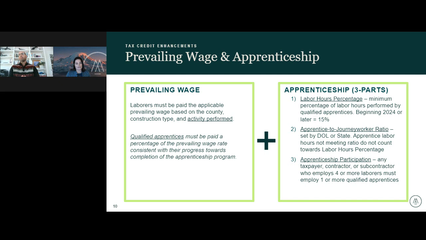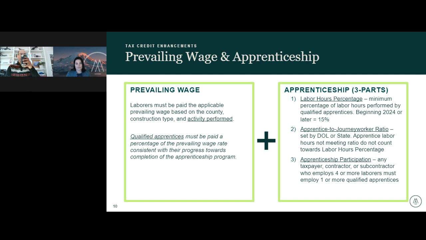So that's going to get to the granular documentation and tracking component of this. You're tracking what the laborers were paid, but also what they were doing, hour by hour, day by day, in the form of activities, and do the wages paid while they're performing those activities meet the prevailing wage requirement.